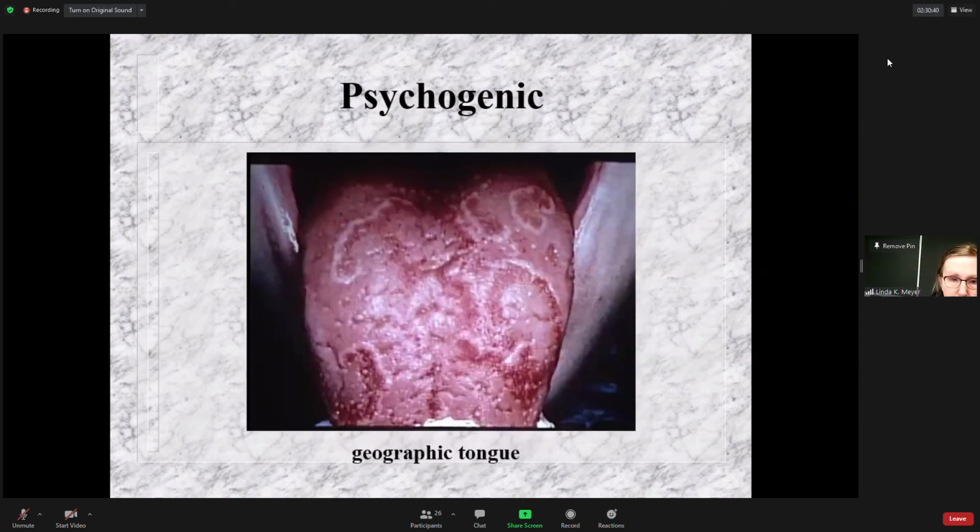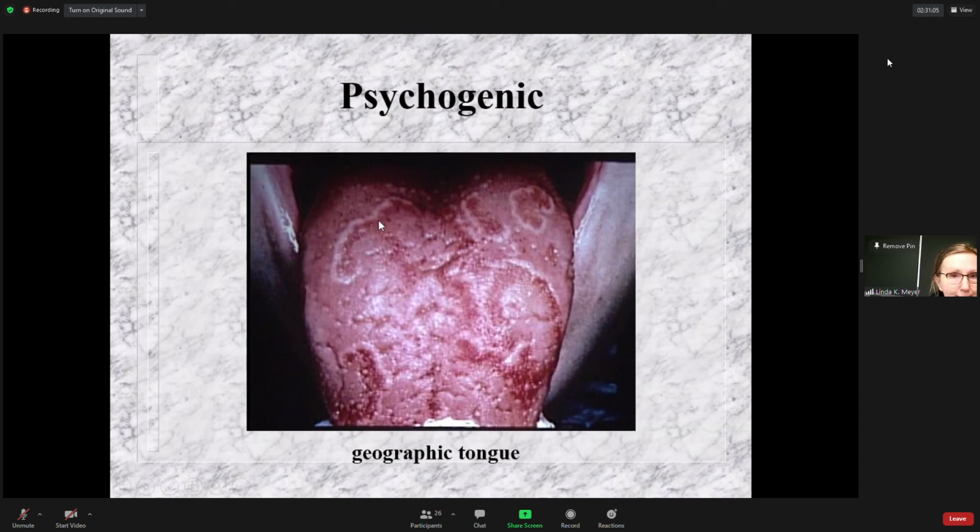Okay, geographic tongue, which is one of the more common conditions seen in the general population. Again, they say that the etiology is not known, but flare-ups or exacerbations of it may occur during stressful times.